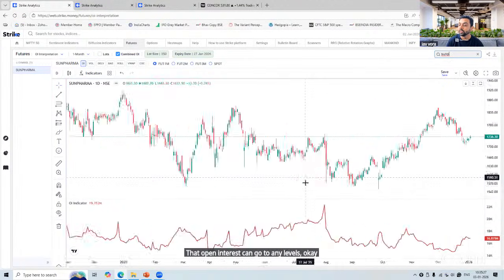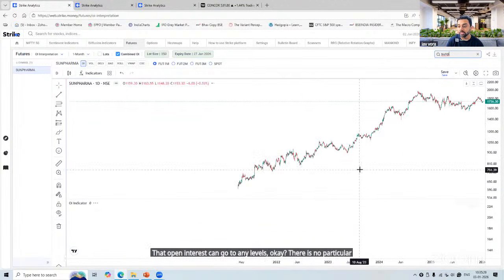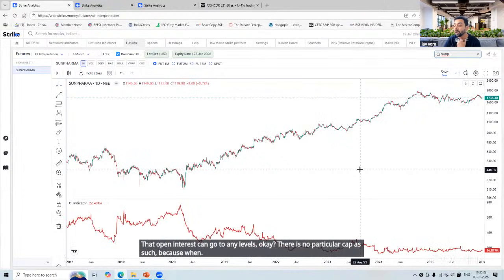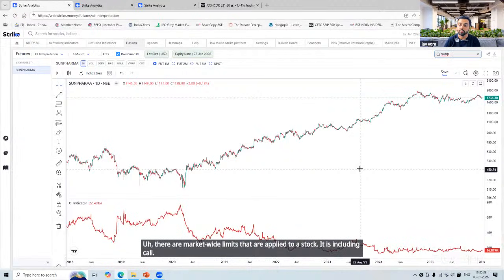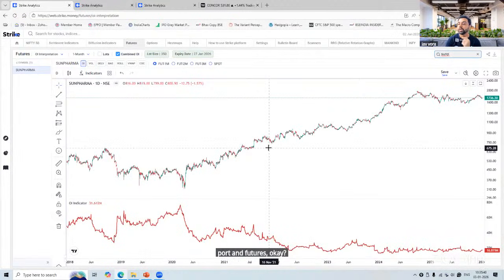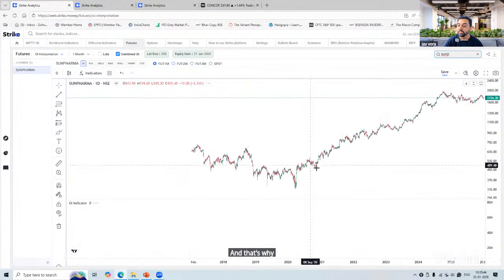There is no particular cap as such, because when market wide limits are applied to a stock, it includes call, put and futures. So the mix can be anything.